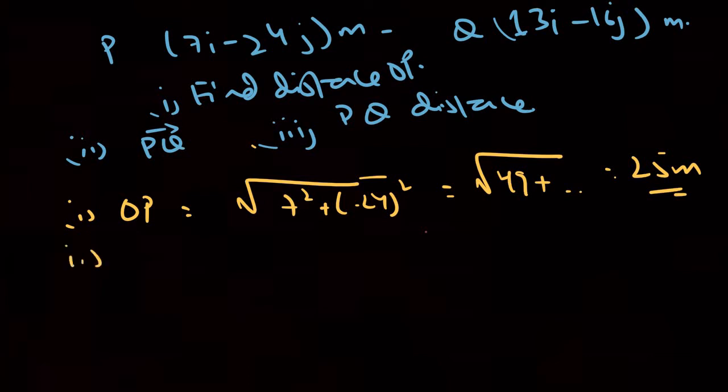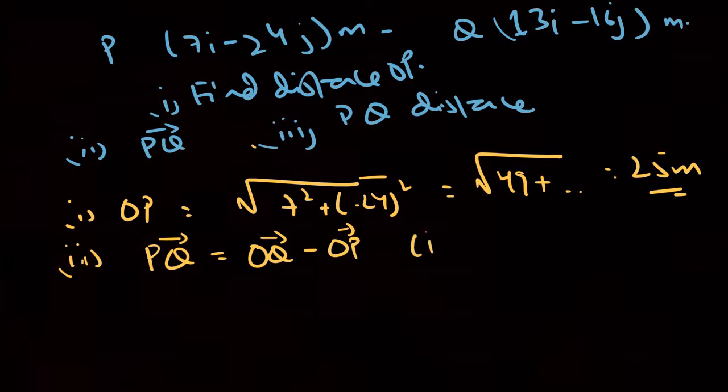Now for part 2, we have to find the vector PQ. So how will we find PQ? If you remember the vectors of the O level maths syllabus D, PQ is OQ minus OP.